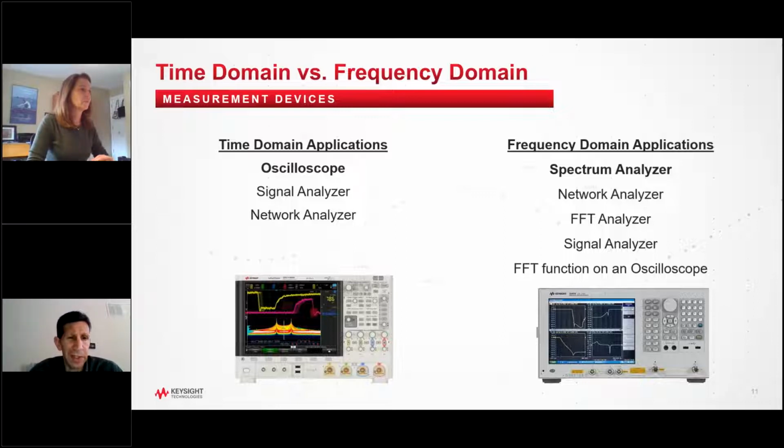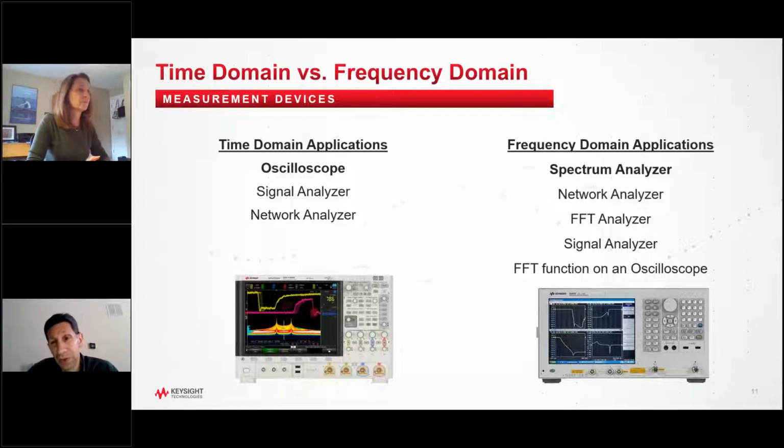So for time domain, the most commonly used one is what we're talking about today, an oscilloscope. However, modern day signal analyzers and spectrum analyzers, some of those have time domain capabilities through math, as well as network analyzers. Similarly, if you're looking in the frequency domain, the most commonly used tool is a spectrum analyzer.